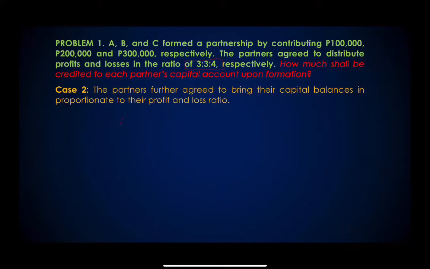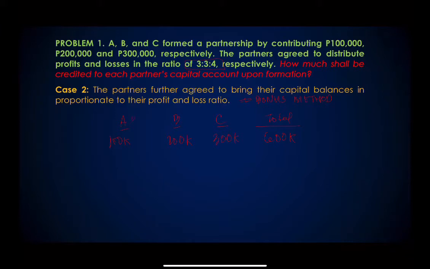Okay, so A, B, and then C, and then total. For case number 2, we are going to use the bonus method. Okay, so A, 100,000, B, 200,000, C, 300,000 for a total of 600,000.